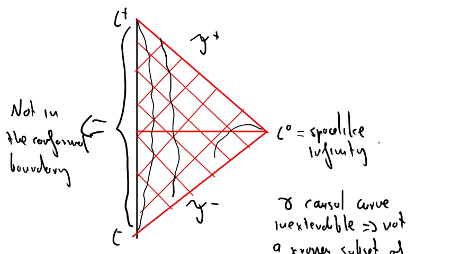And since I plus and I minus can be reached by causal inextendable curves, well, indeed by time-like inextendable curves, they are called future time-like infinity and past time-like infinity.